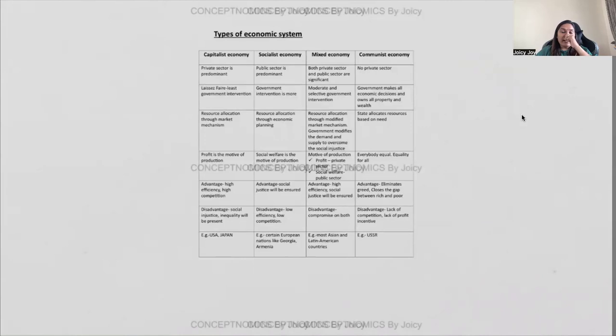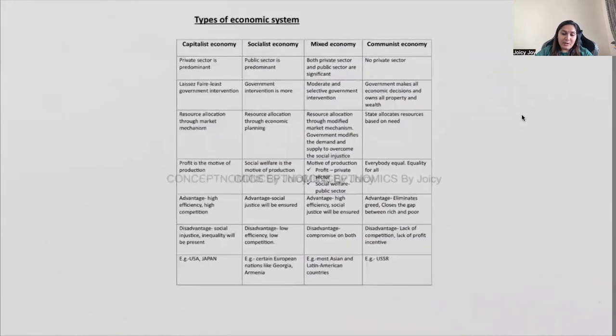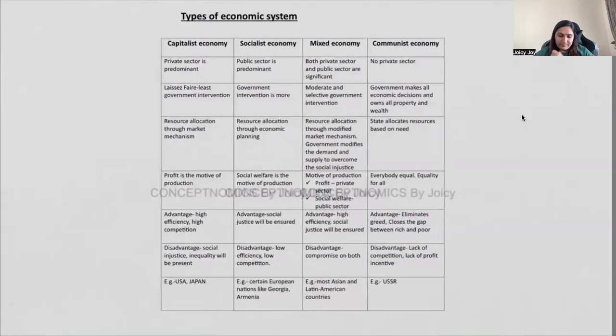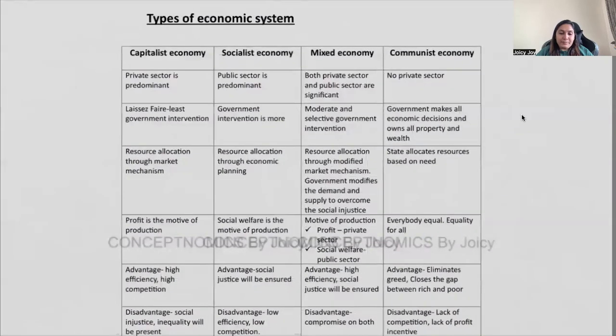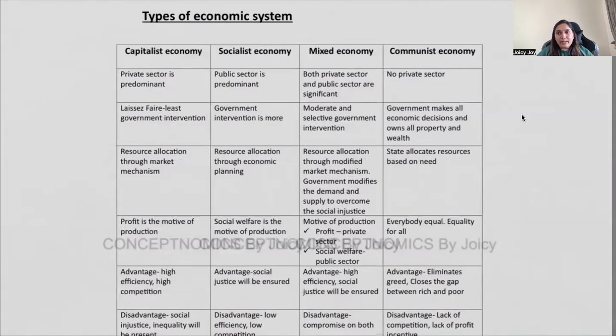Now we are moving on to the next topic, that is types of economic system. Economic system can be broadly divided into four. Even though there are even more classifications for economic system, we can broadly divide them into four categories. The first one is capitalistic economy.